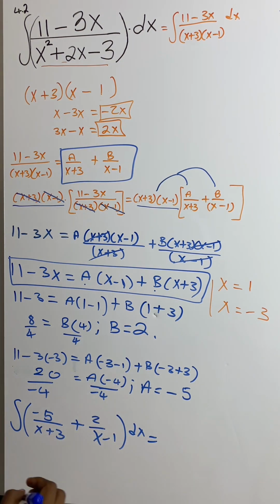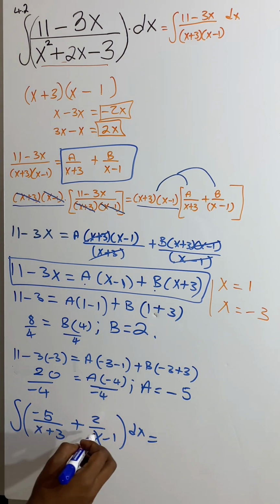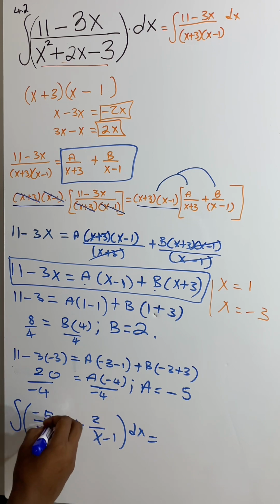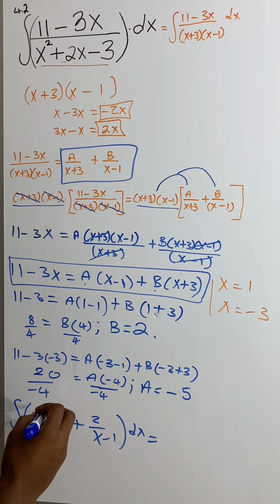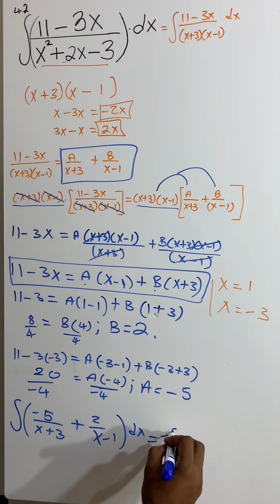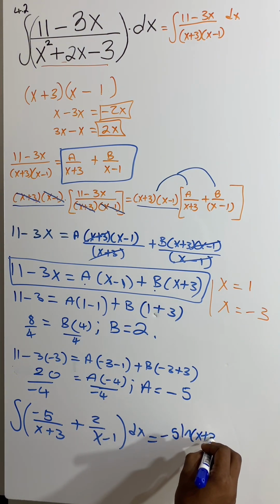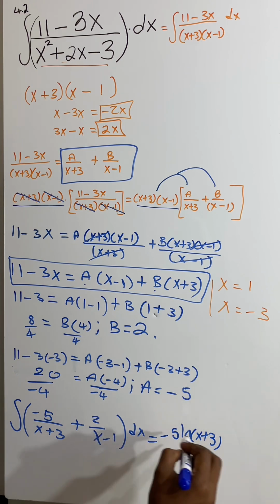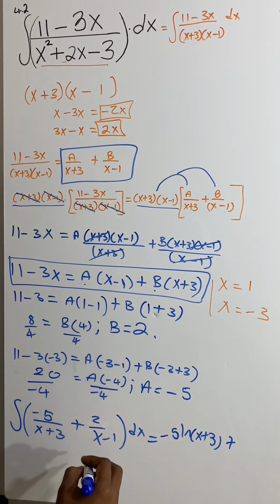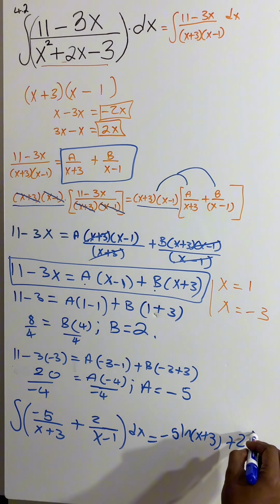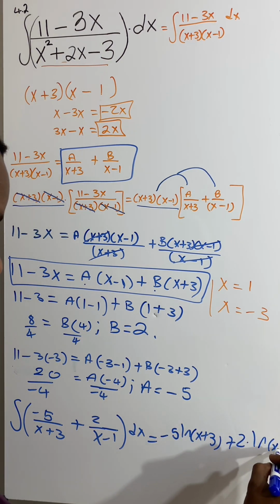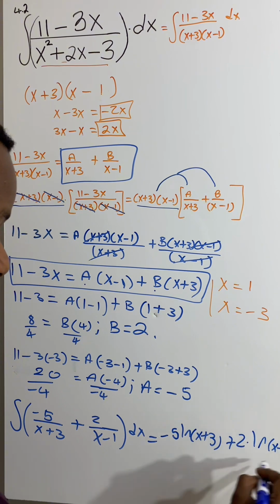Now we have to integrate. So -5 divided by x plus 3. So we don't have any square here, and we don't have x at our numerator. So this will be -5 ln of x plus 3 plus integrating 2 over x minus 1, we get 2 ln of x minus 1 plus c.